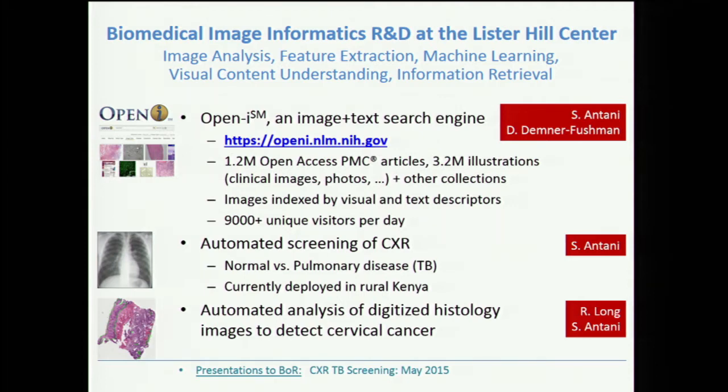Another project we have is the automated screening of chest X-rays for abnormalities and diseases, in particular TB. In fact, we have currently deployed a system in Kenya where we run field trials and where we analyze the chest X-ray with image analysis and try to detect abnormality automatically. And we presented that to the board last year in May.